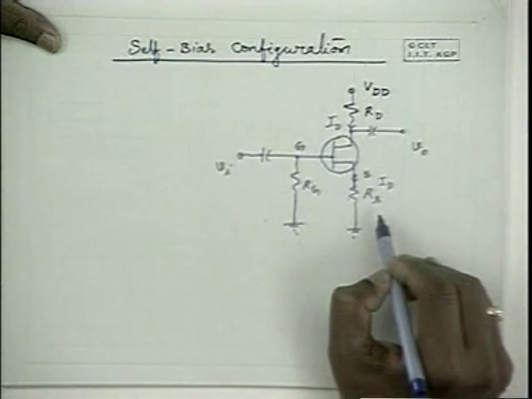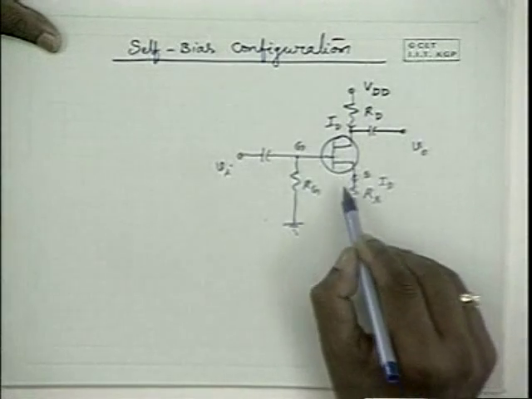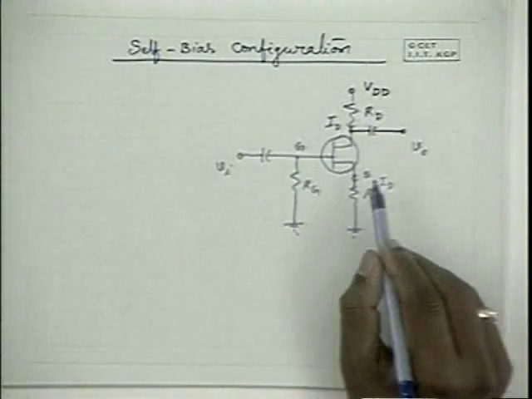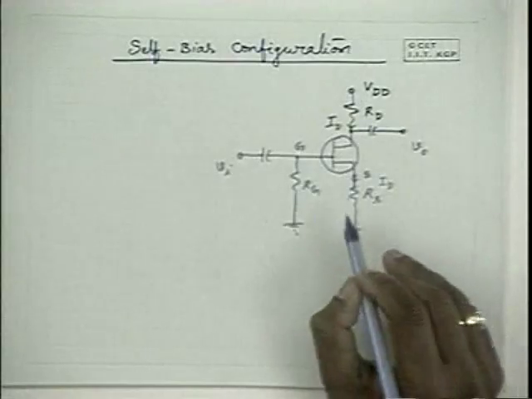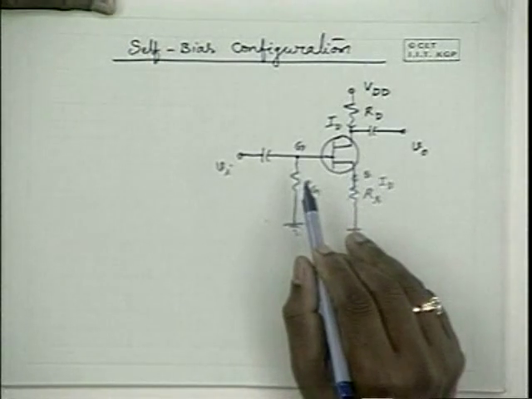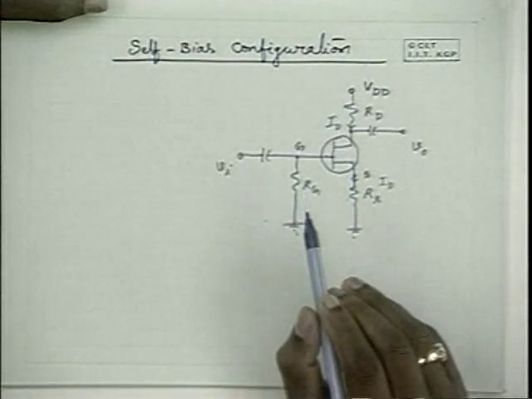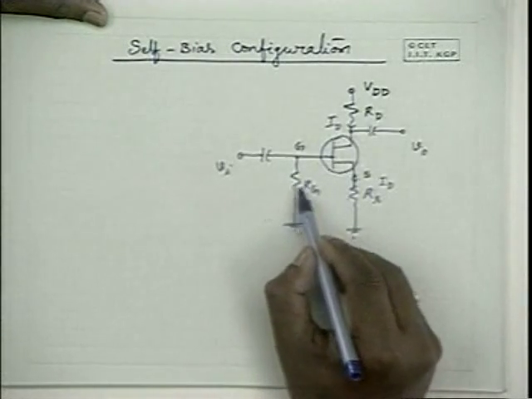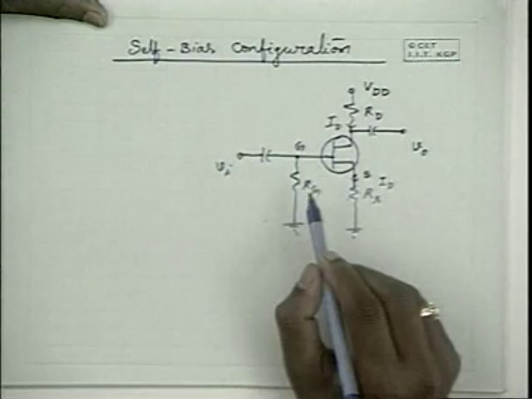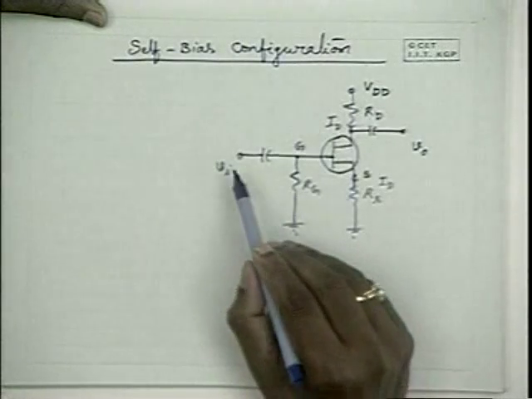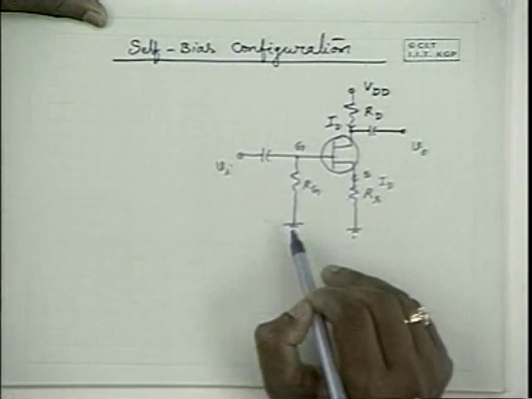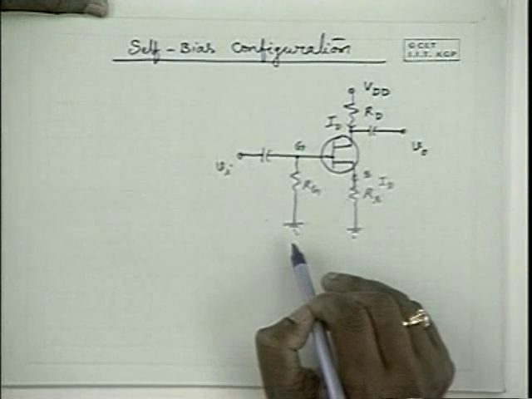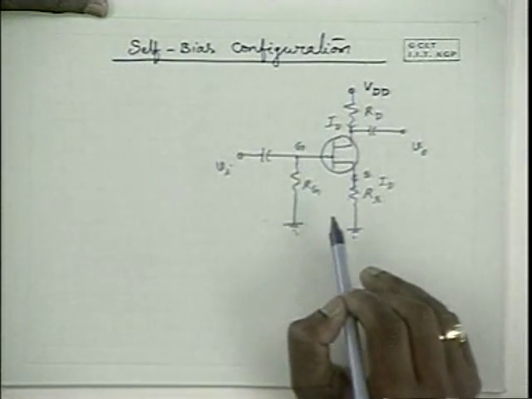That's why RS is used. RS is also used as a feedback element to keep the quiescent point stable. And RG is provided, like in the fixed bias circuit case, to avoid shorting of the input signal into the ground. That is the purpose of RG.